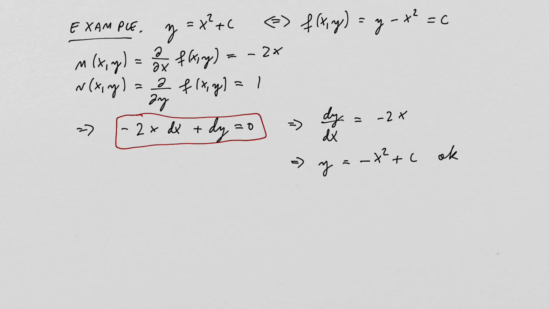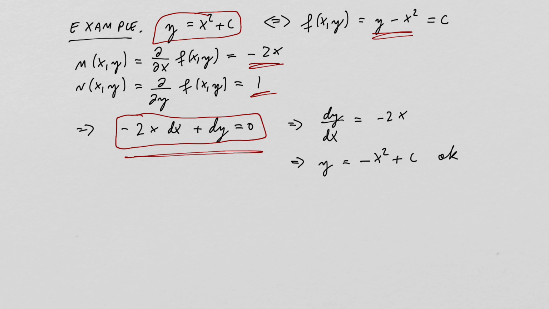If we would take our parabolas and we would form the function, then the partial derivatives we could calculate and we would obtain this kind of equation. So this equation will give us solutions to those parabolas in the plane.